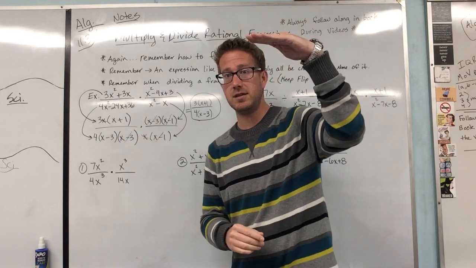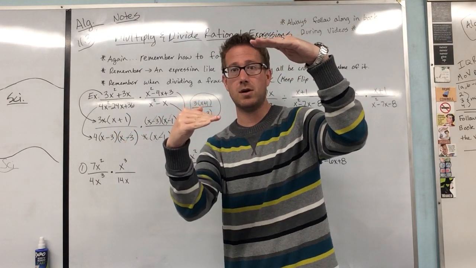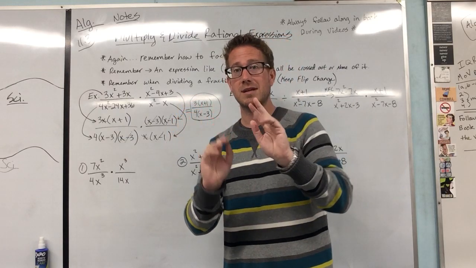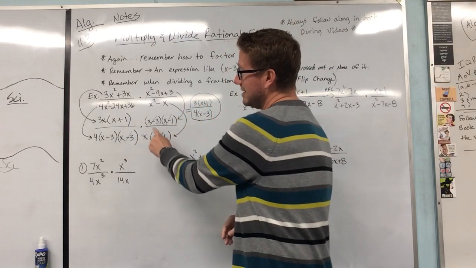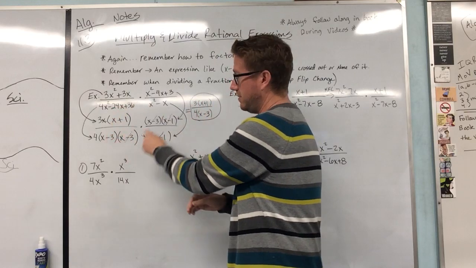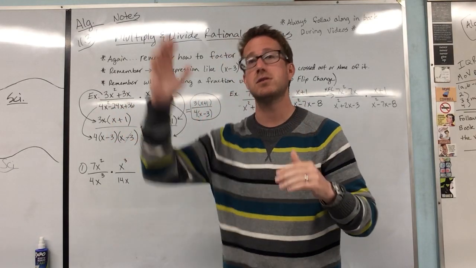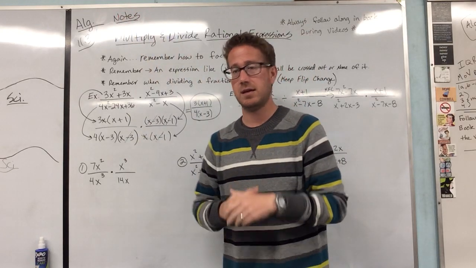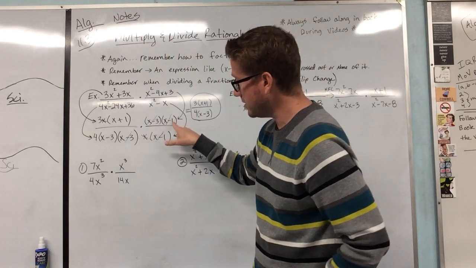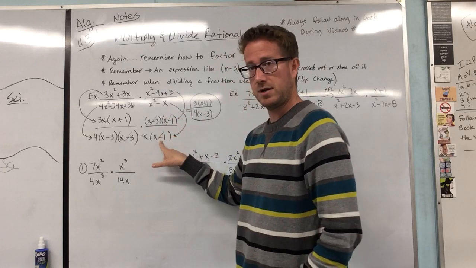As long as it's on the top being crossed out with something on the bottom, it works. And the second thing to notice is it's the whole expression, x minus 3, x minus 3. The whole thing matches, so all of it can be taken away. X minus 1, another x minus 1.